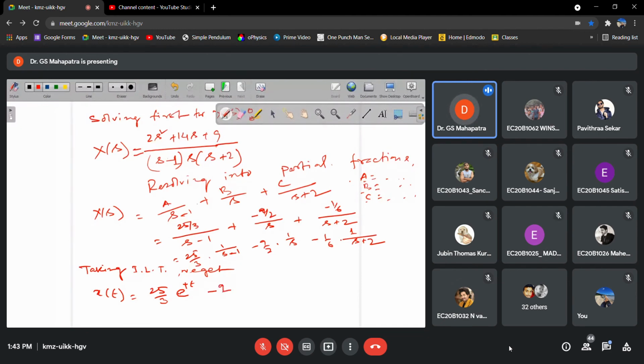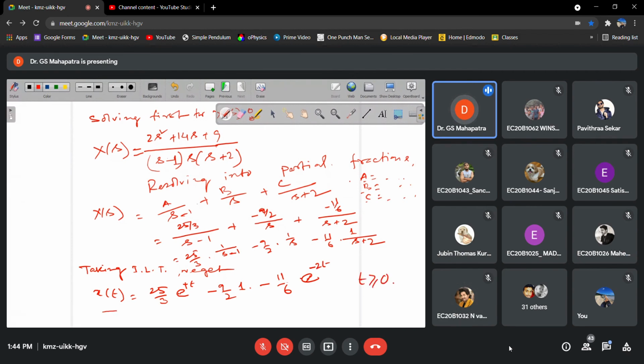Next, minus 9 by 2, whose Laplace transform is 1 by (s plus 1), gives e to the power minus t. Then minus 11 by 6 into 1 by (s plus 2), one mistake here, gives e to the power minus 2t, for t greater than or equal to 0.